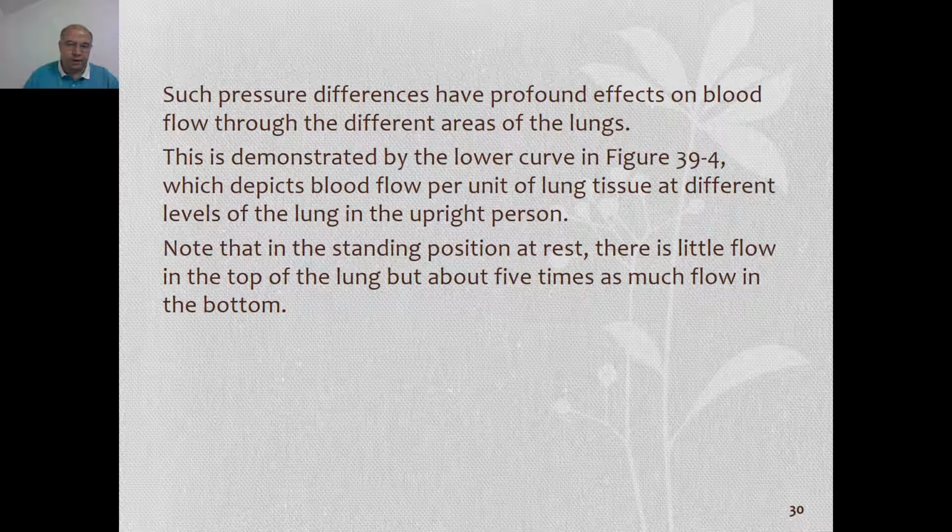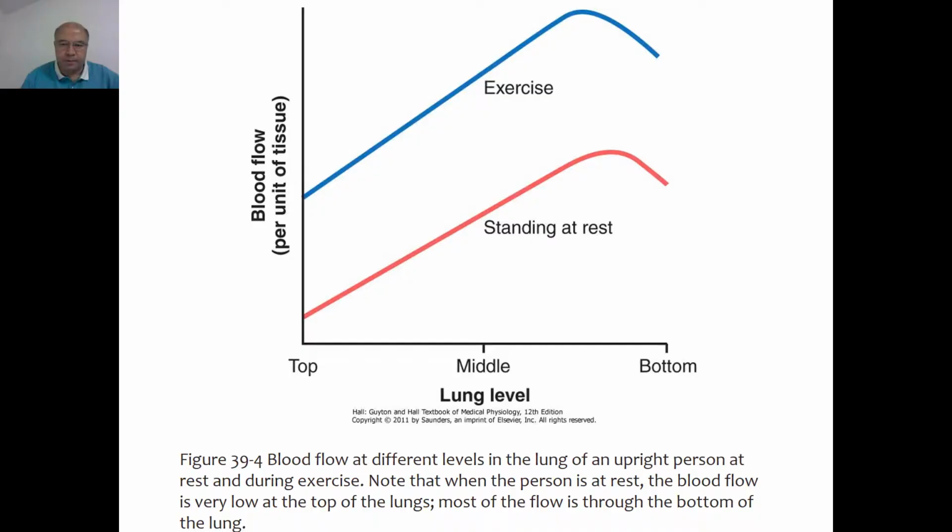Such pressure differences have profound effects on blood flow through the different areas of the lungs. This is demonstrated by the lower curve in figure 39.4, which depicts blood flow per unit of lung tissue at different levels of the lung in the upright person. Okay, this is lung level: top of the lungs, middle part, and the bottom.